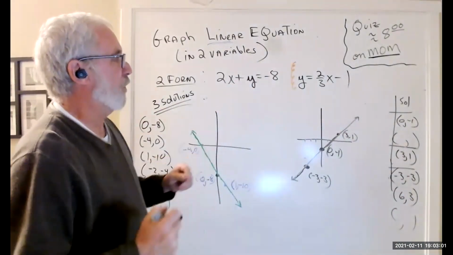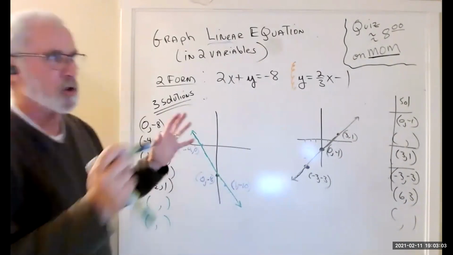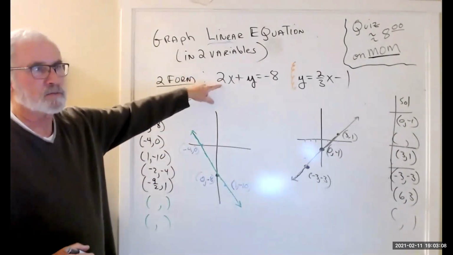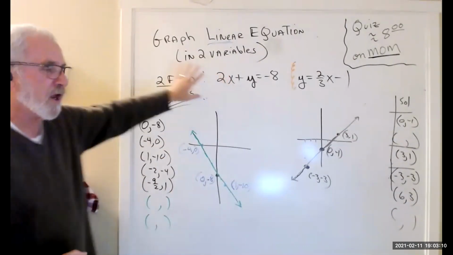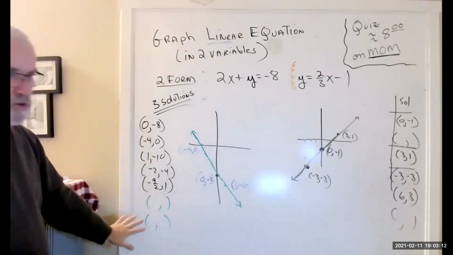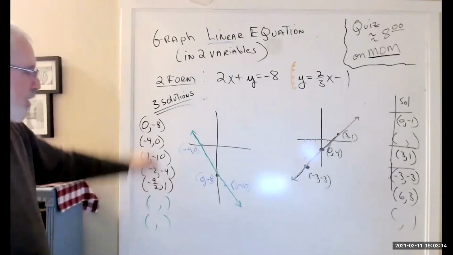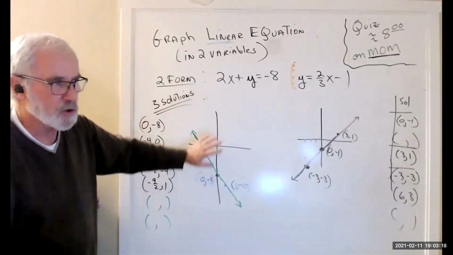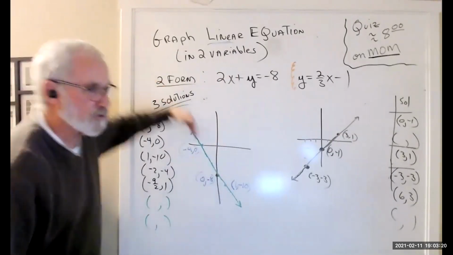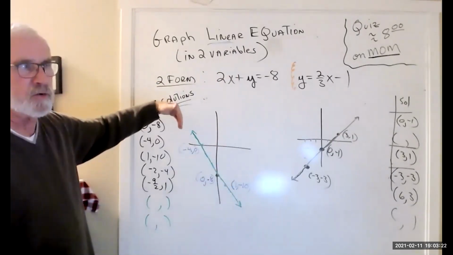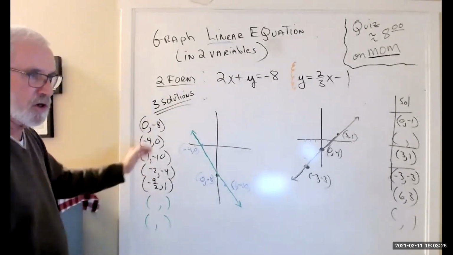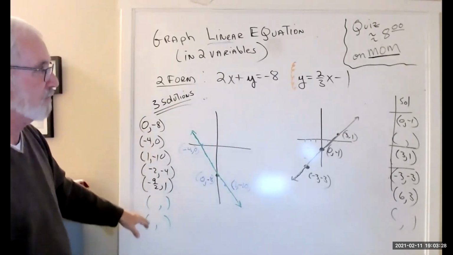So my question to all of you now is, we took the equation, we used a table to get a bunch of solutions. We used those solutions to graph the line. The graph is a representation of the infinite solutions. Our table only gives us a few solutions, or ordered pairs, rather. Same thing here.